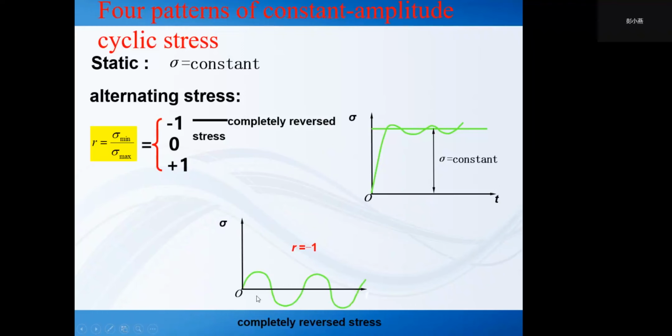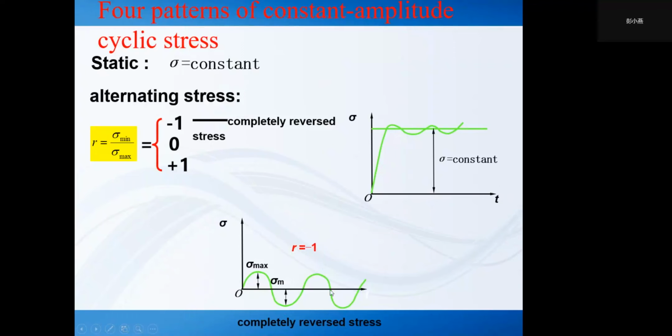This is the completely reversed stress. And the stress ratio R is -1. Then the minimum stress is equal to minus maximum stress, and the mean stress is 0.